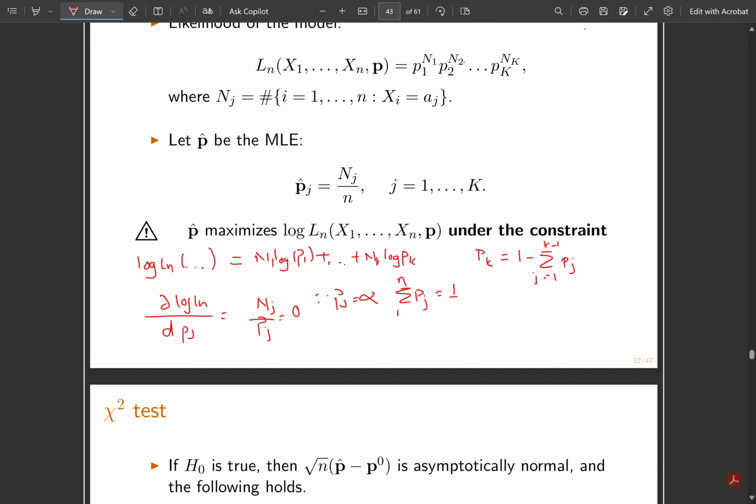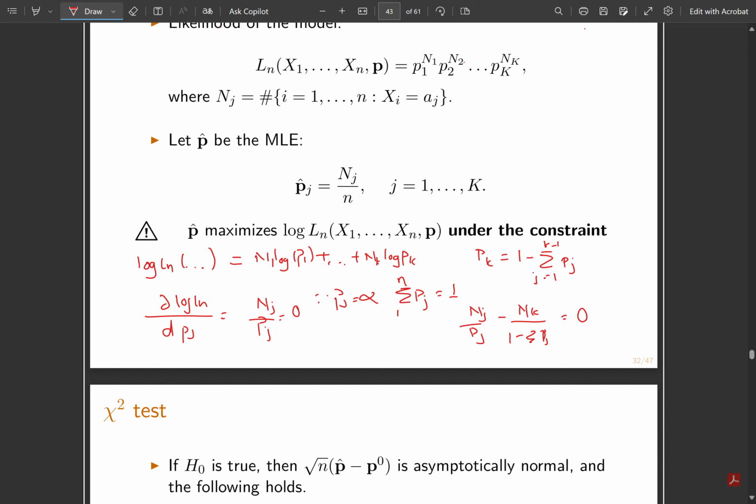Now, if we do this, we again take the derivative. What we get is, for all the terms besides the last term, nj over pj minus nk over pk, taking the derivative against each pj, and we set it equal to 0. That's what it's going to be.